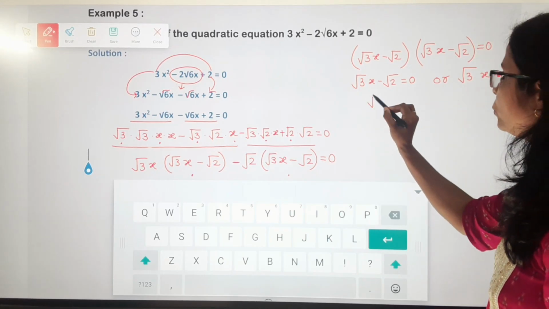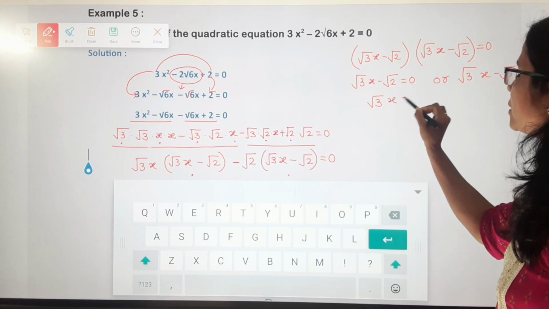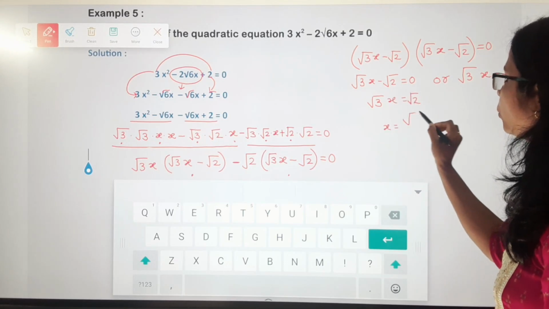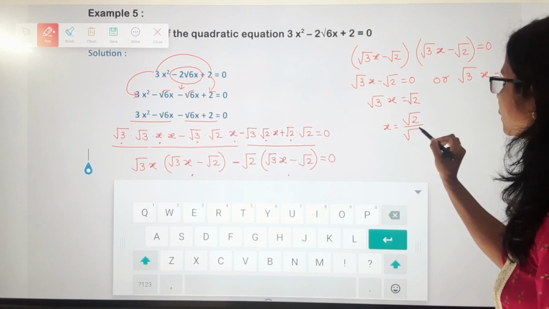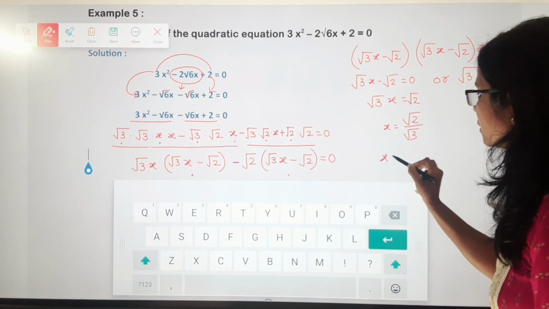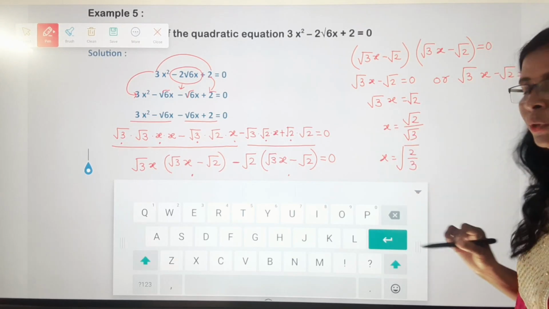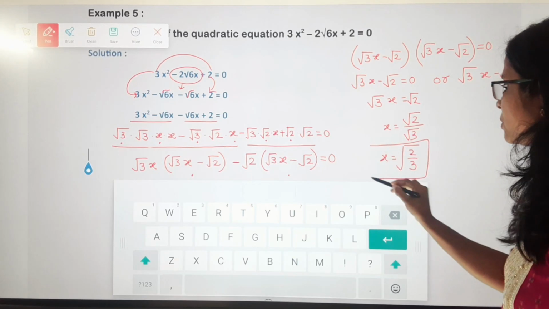So here root 3x is equal to root 2. That means x is equal to root 2 upon root 3. You may also write x is equal to the square root of 2 upon 3. This is the first value.